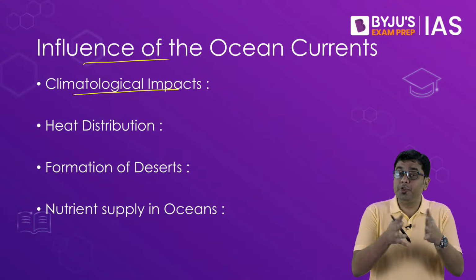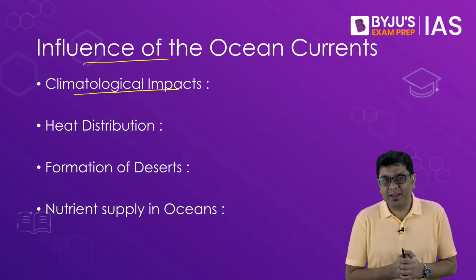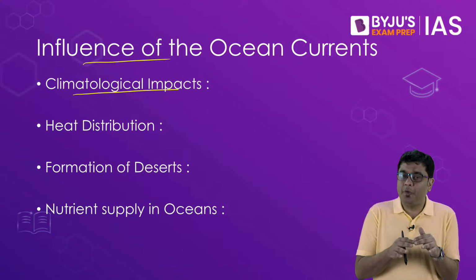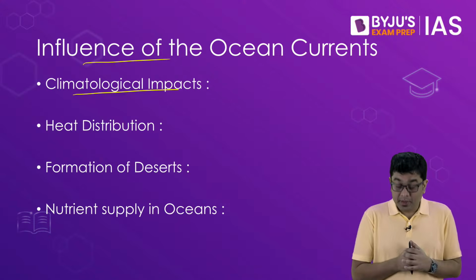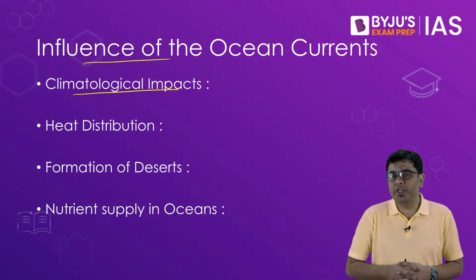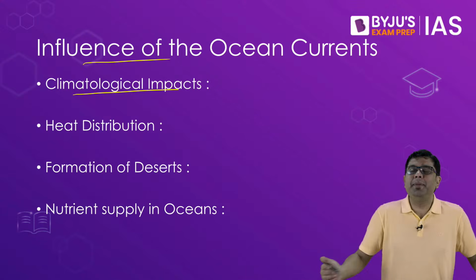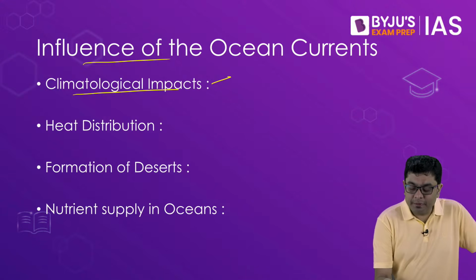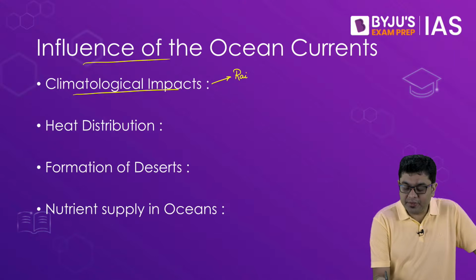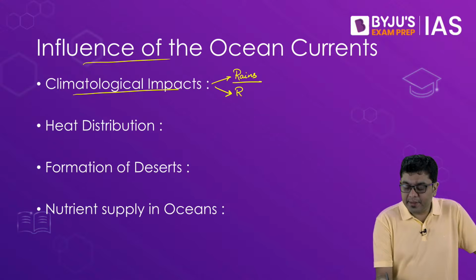For example, the northern Atlantic is warmer as compared to its contemporary latitude because of the warm ocean current which comes into that region. Which is the warm ocean current? The North Atlantic drift. So that is the climatological impact. It can influence rainfall, it can bring rains, it can also bring about a rise or fall in temperature.